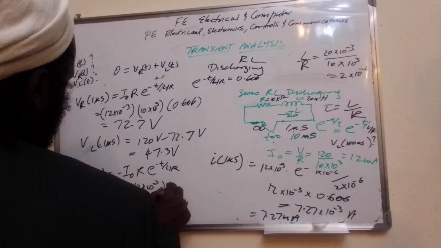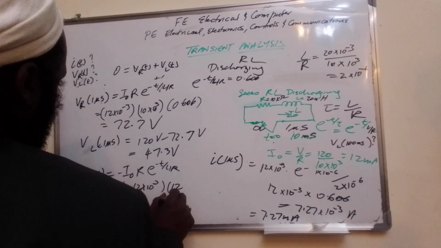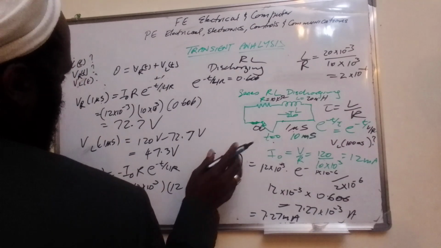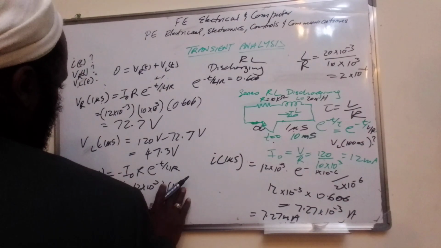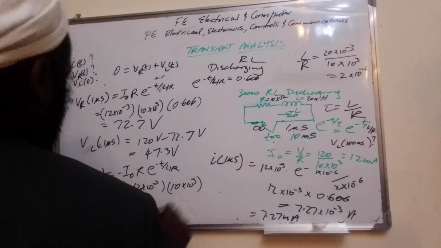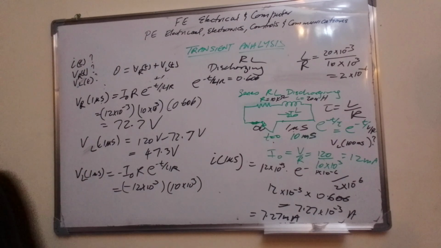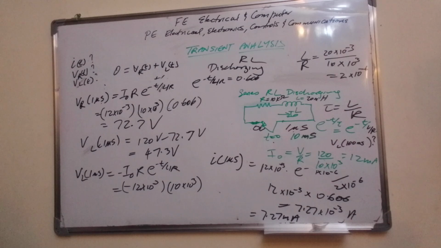R is 10k, 10 times 10 to the third. Is this VR and VL the same thing? What is VL? VR.